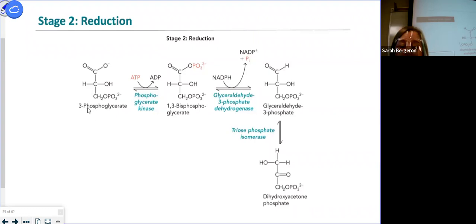So we're going to go from 3-phosphoglycerate to glyceraldehyde 3-phosphate, which can then go through an isomerization reaction to make our dihydroxyacetone phosphate. Right? So simple isomerization. So what kind of carbon molecules are we throughout reduction? 3. All we're changing really is phosphorylation and reduction status, right?